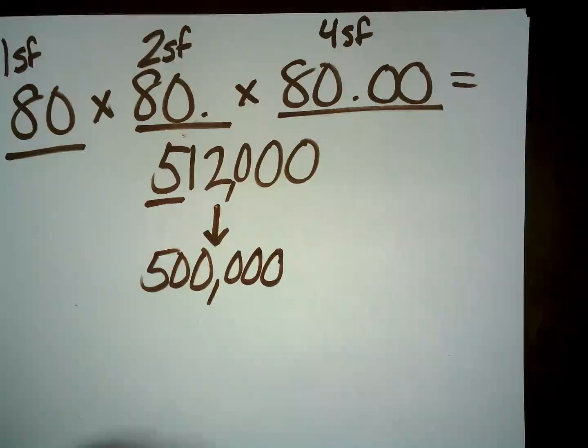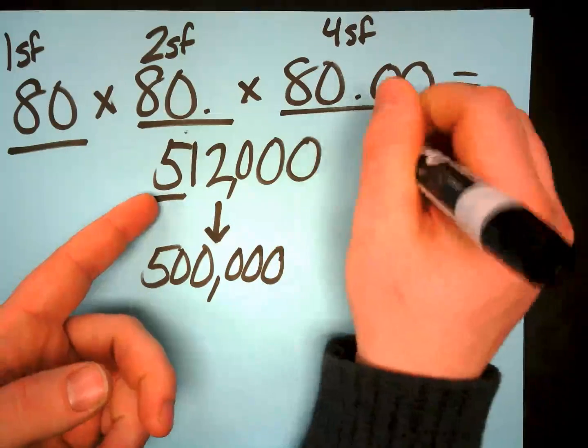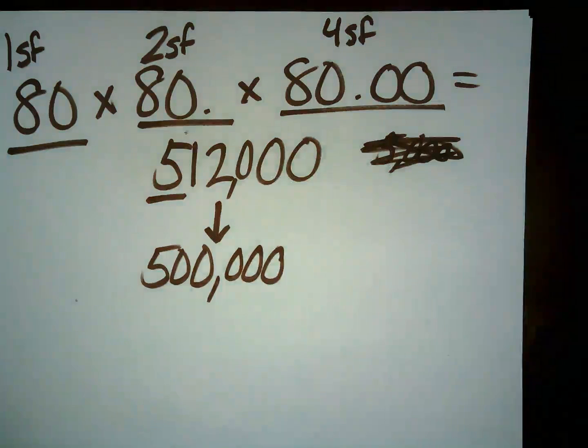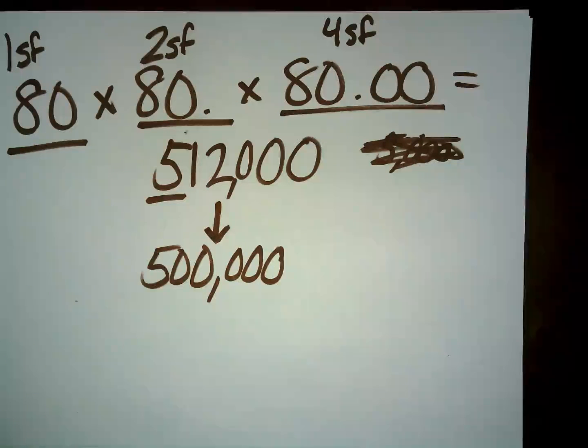Okay, I'm not getting rid of these. Like this doesn't magically all of a sudden become just 5,000. No, it's still 512,000. I still need to represent it as something close to that. In this case, if I'm keeping one sig fig, it's going to be 500,000.